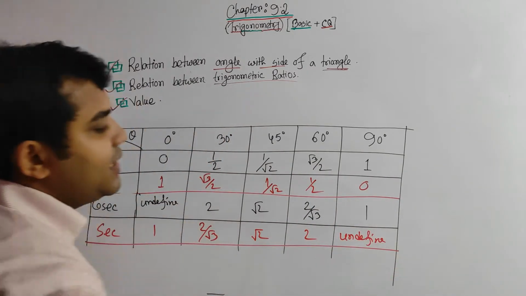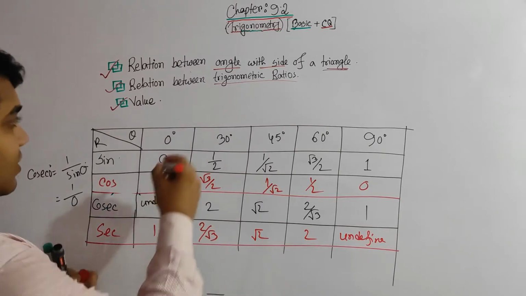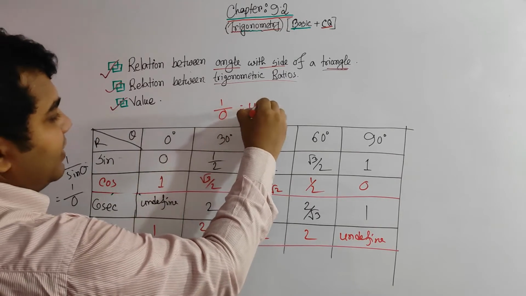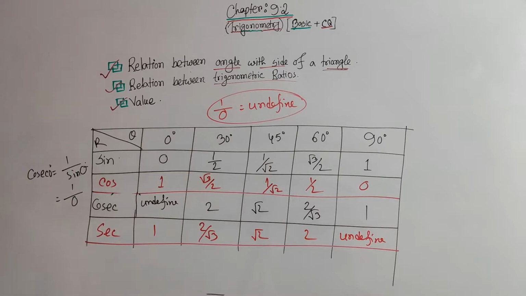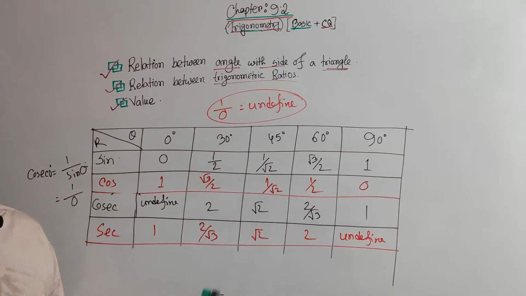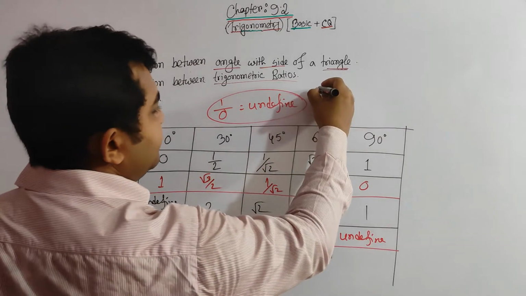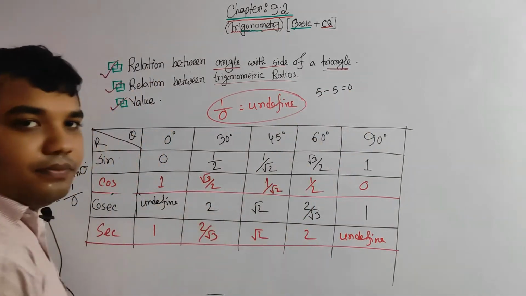Maybe a question arises in your mind: why is 1 by 0 undefined? 1 by 0 is undefined because there are a lot of examples. I wanted to go for a very simple example for you. 5 minus 5 is 0.